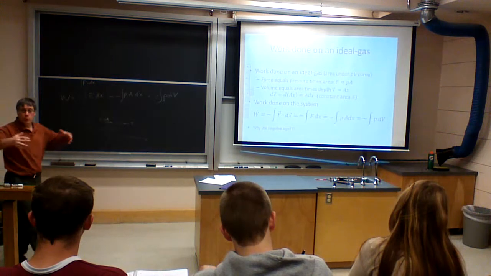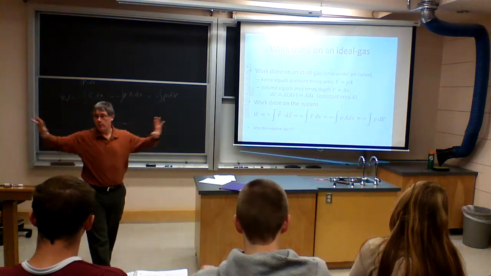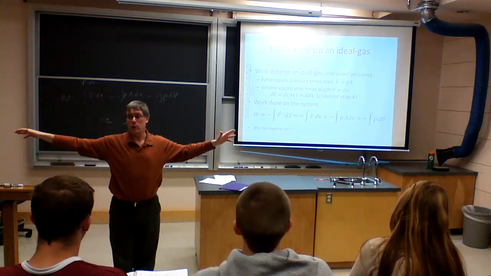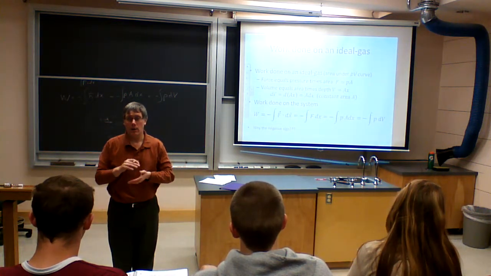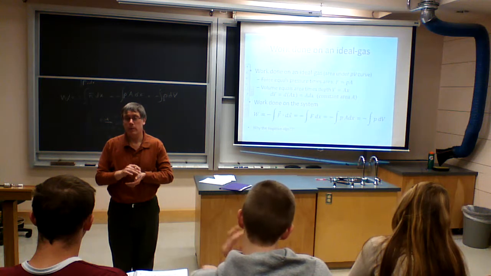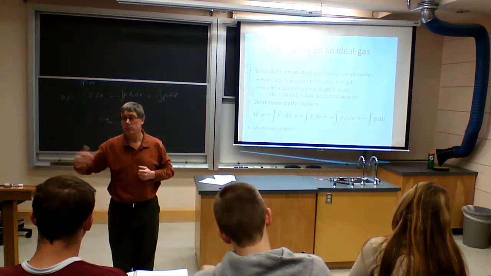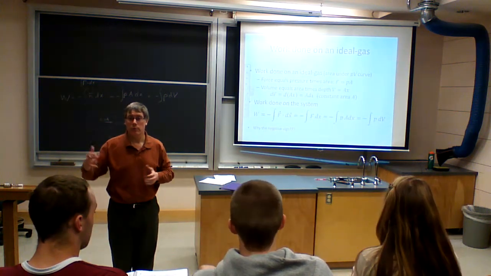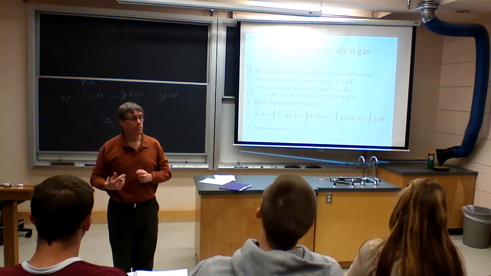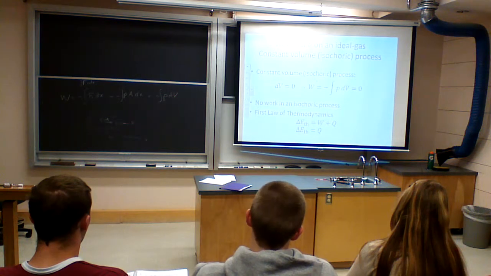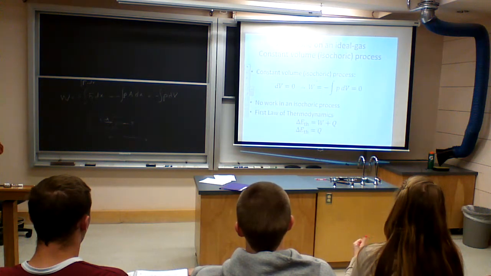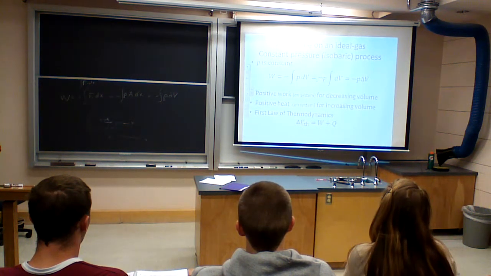It works out that's true for any situation. So it could be a balloon expanding out in all directions. The work done on that balloon will be equal to the negative integral of its pressure times the change in volume. What we'll do on Wednesday is we will then say, what does that look like for different ideal gas processes?